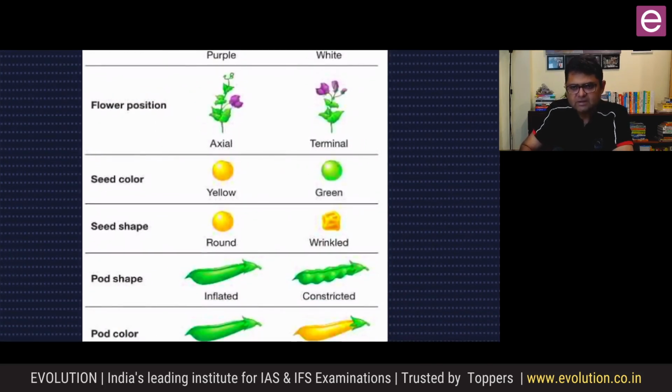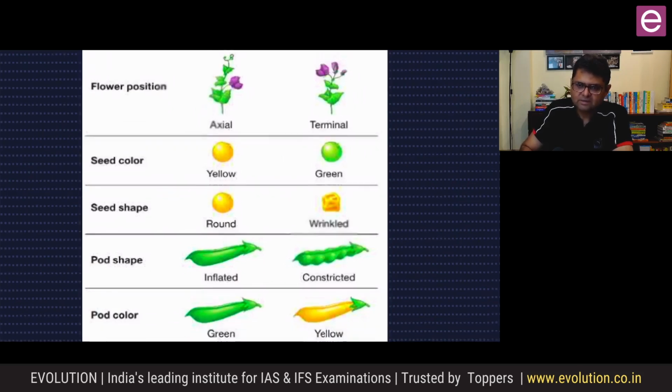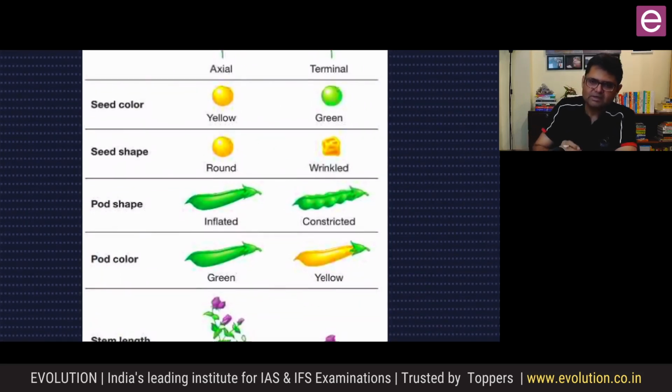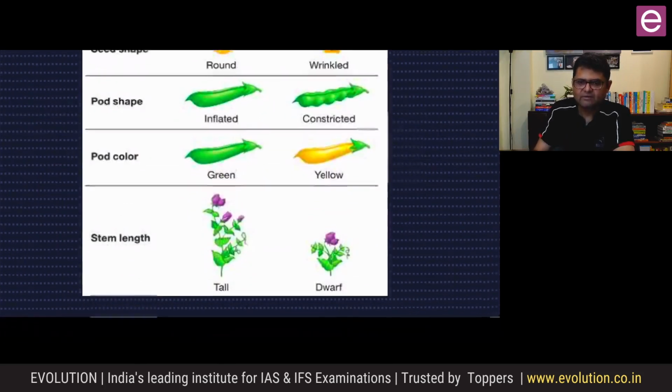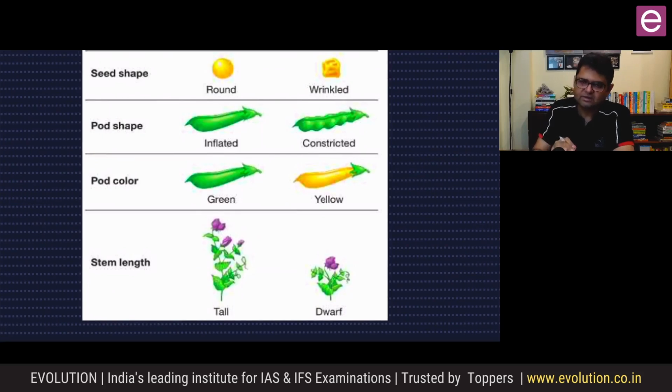Yellow seed color is dominant and green seed color is recessive. Round seed shape is dominant, wrinkled is recessive. If the pod is inflated, it is dominant. If the pod is constricted, it is recessive. If the pod is green, it is dominant. If the pod is yellow, it is recessive. And if the stem length is tall, it is dominant.